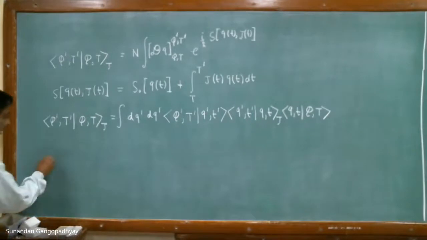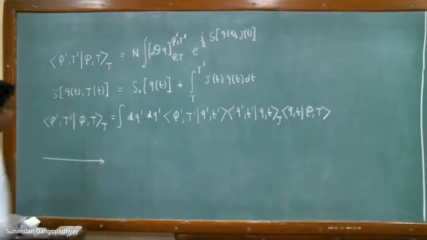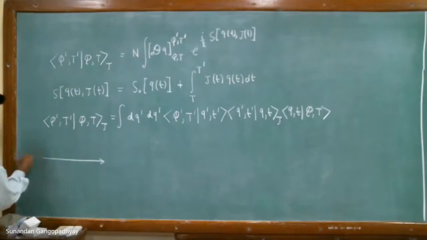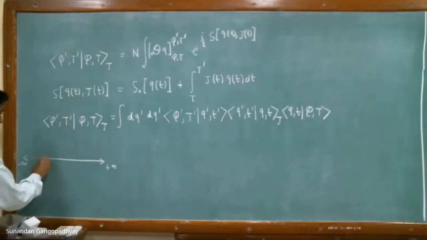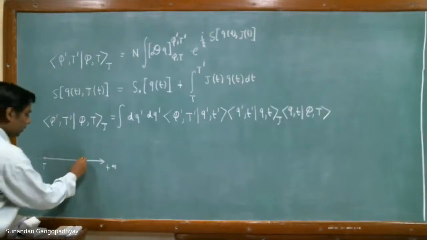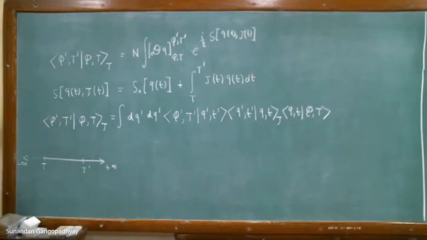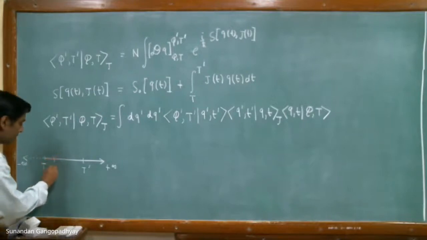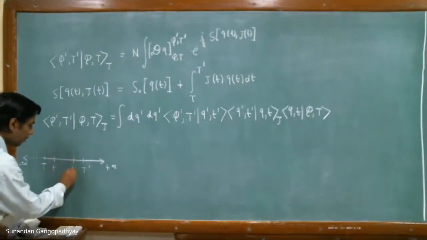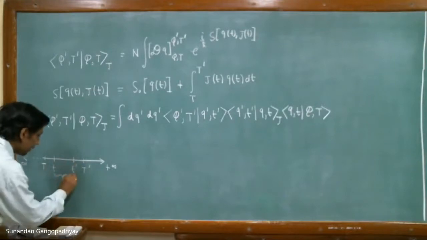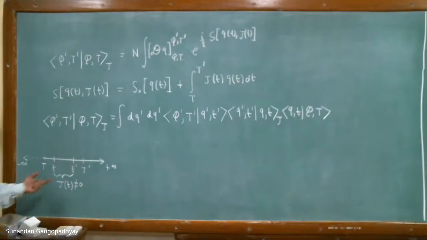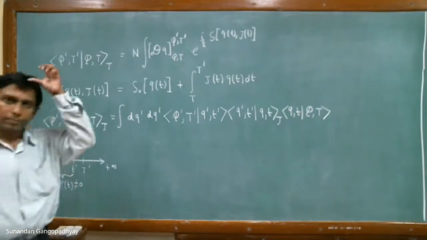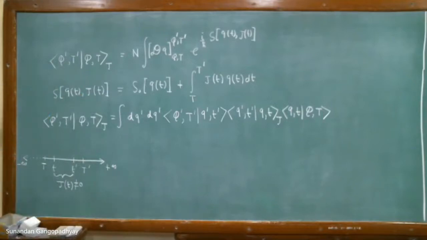And we mentioned we had a diagram. So this is minus infinity, this is plus infinity. Then we have this as capital T, this as capital T prime, and this is small t, this is small t prime. And we said that J of t, the external source, is non-zero only in this interval of time.